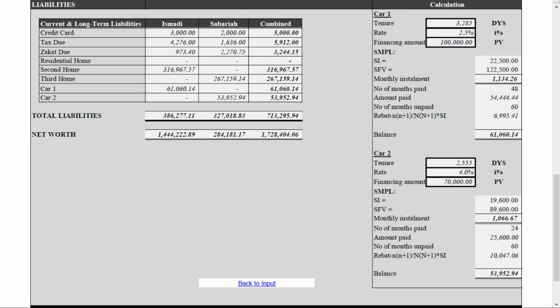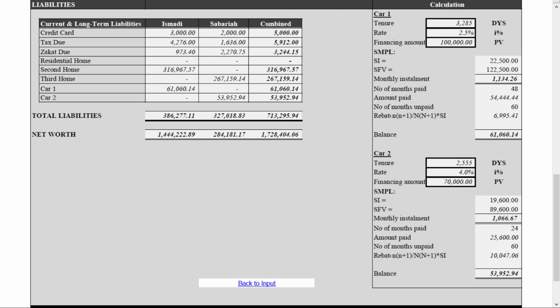We also have the outstanding balance of homes and cars, which you retrieve from the calculation on the right hand side. So the difference between the assets and liabilities becomes net worth. You must show both the couple, husband and wife, net worth, and also the combination.